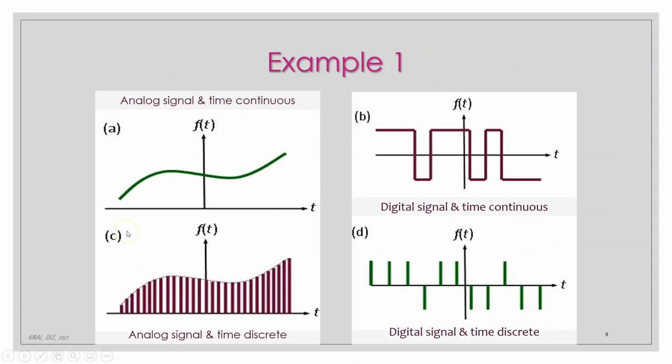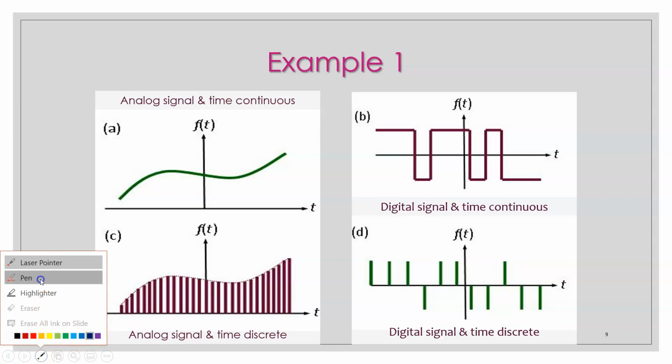These are examples of different types of signal. First we look at the analog signal that is also time continuous. As we can see here, this signal has values at every single time t, and also has values at all the amplitudes.